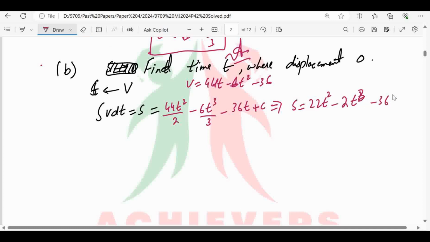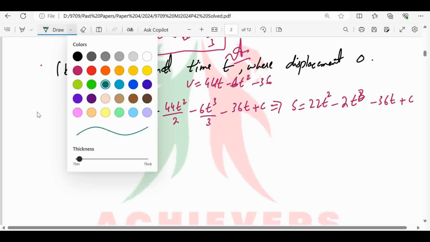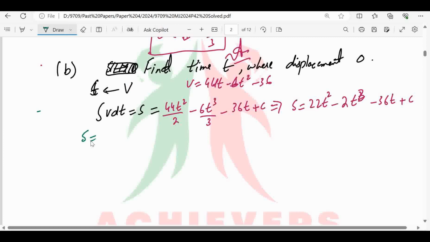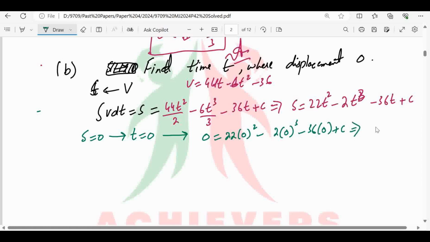Now we know that at the initial point, displacement is 0 and time is 0, so if we put it in this equation, 22 into 0 square minus 2 into 0 cube minus 36 into 0 plus c, which means that c will be equal to 0.